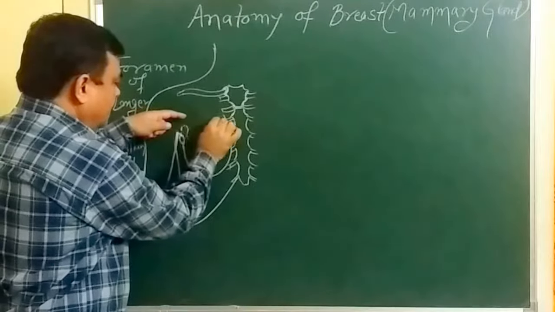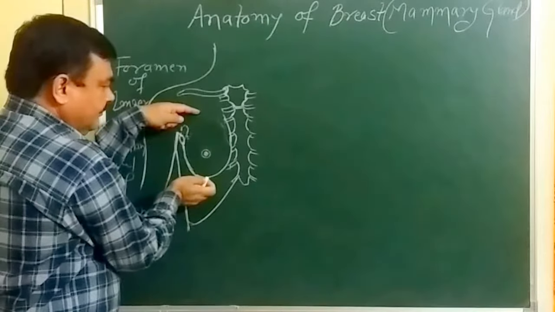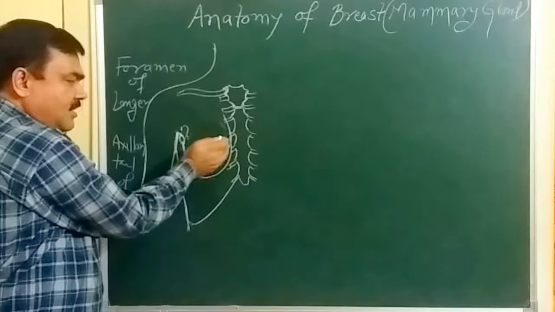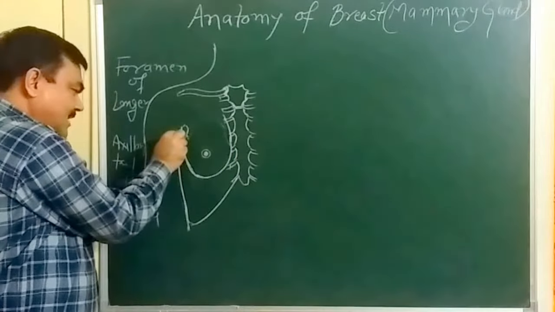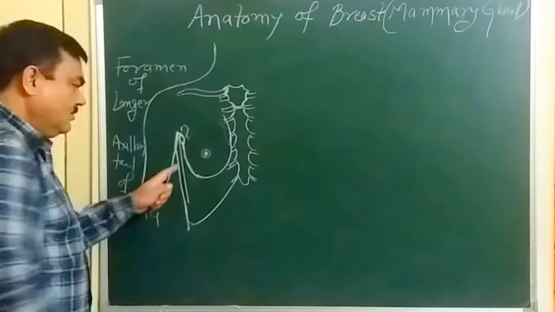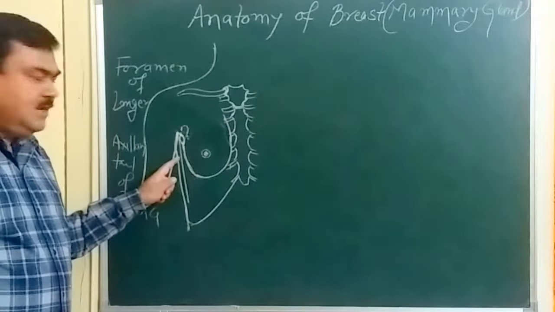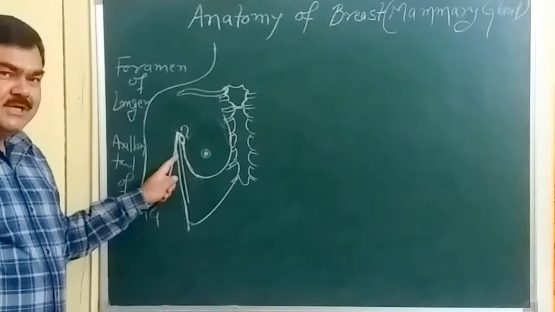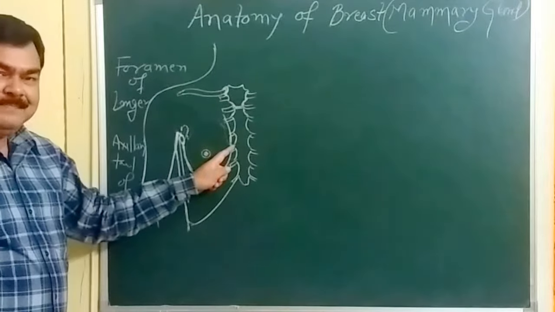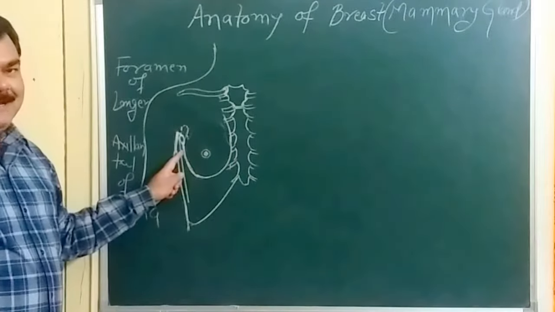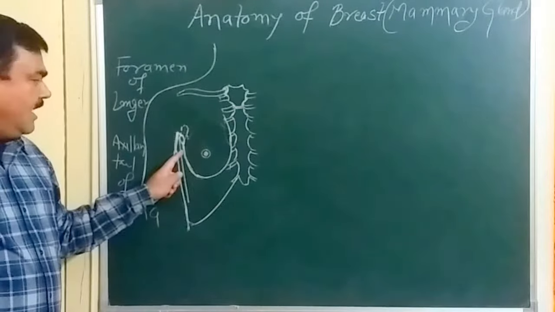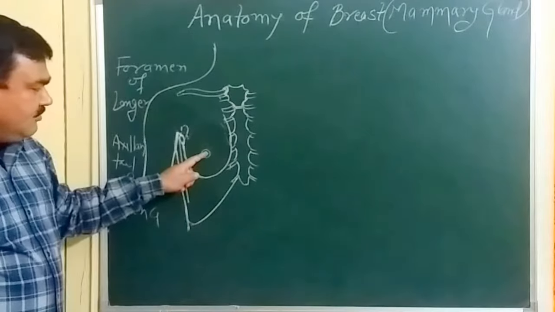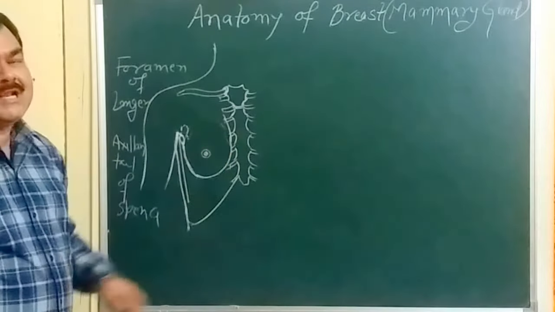Horizontally it extends from the outer border of the sternum to the mid-axillary line, which is a vertical line between the anterior axillary fold and the posterior axillary fold. And here you can see the nipple, which lies in the fourth intercostal space.